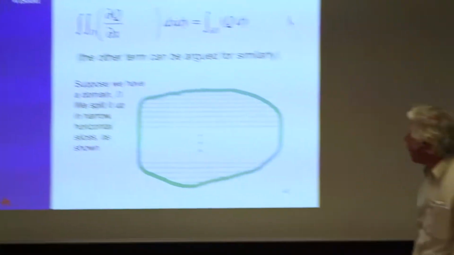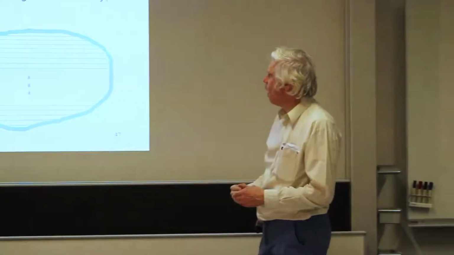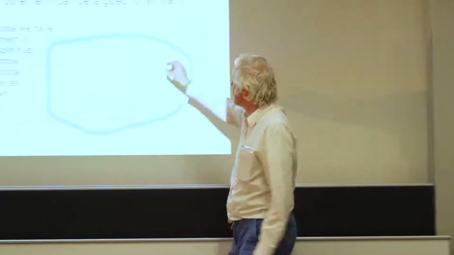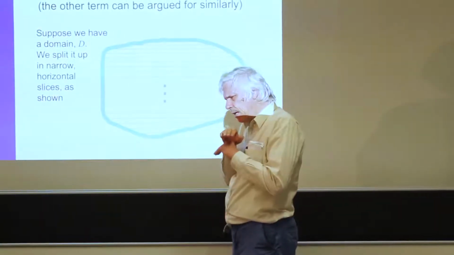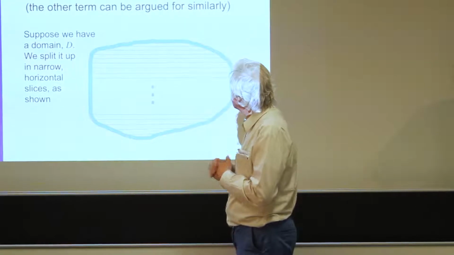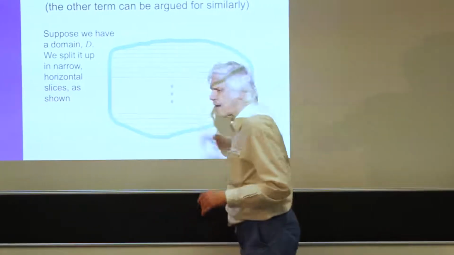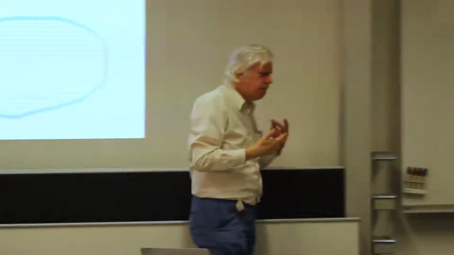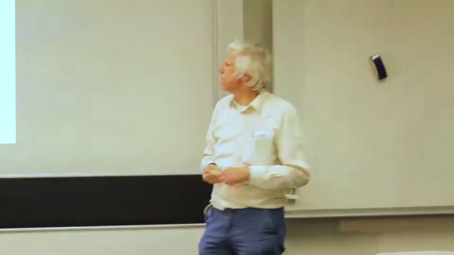Now, in order to show that, let's subdivide this domain into these very small, very thin, narrow stripes. So you have all these narrow stripes here. You have to think of them as infinitesimally thin, actually.